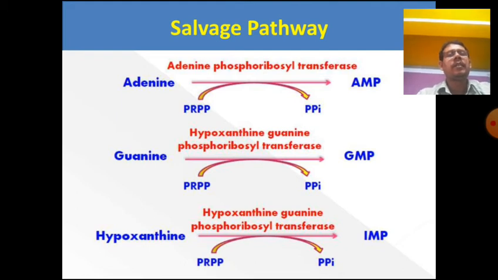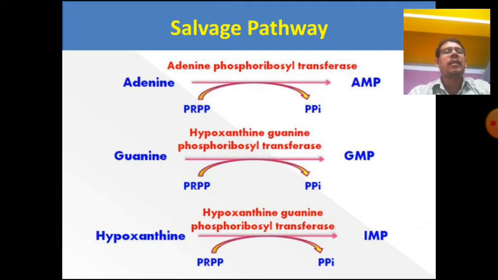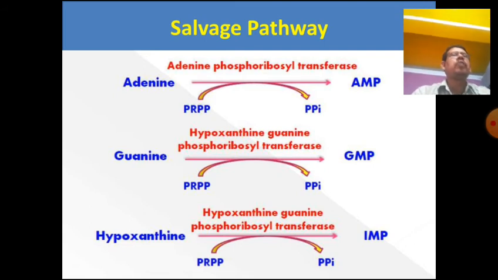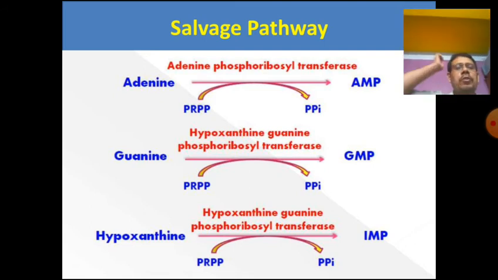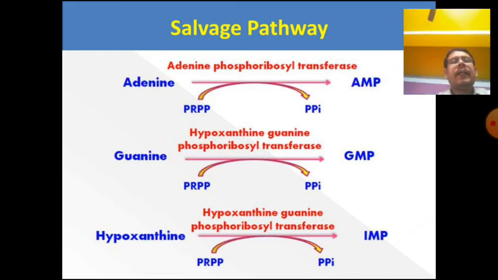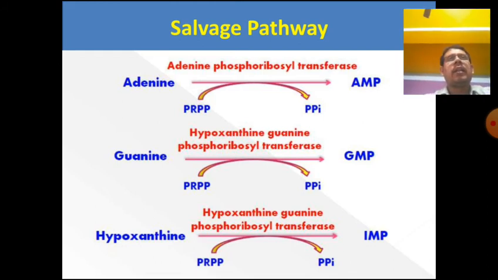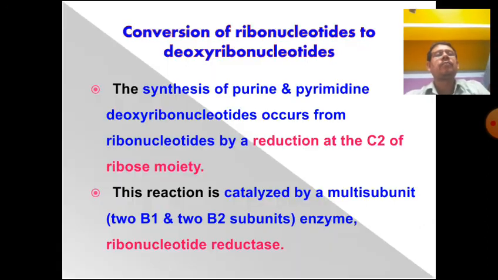Guanine, which is present in the degraded product, by hypoxanthine guanine phosphoribosyl transferase, is converted to GMP, and hypoxanthine is converted by hypoxanthine guanine phosphoribosyl transferase to IMP. This is a totally different, reverse pathway by which AMP and GMP are produced, not directly synthesized. It is from the degraded product of adenine, guanine, or DNA, RNA, or from the diet.